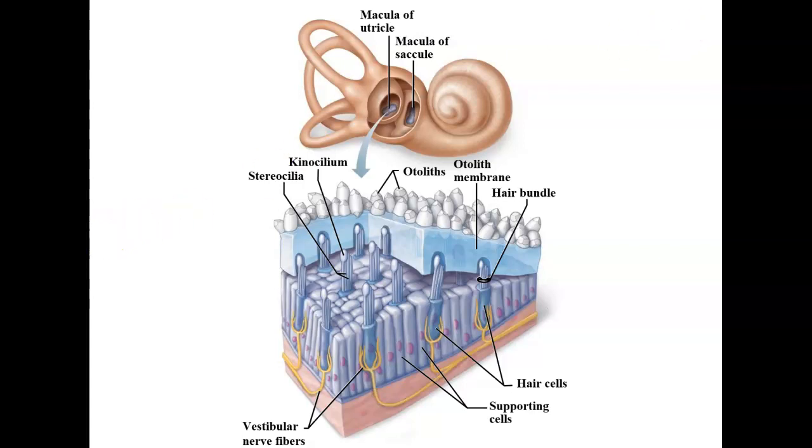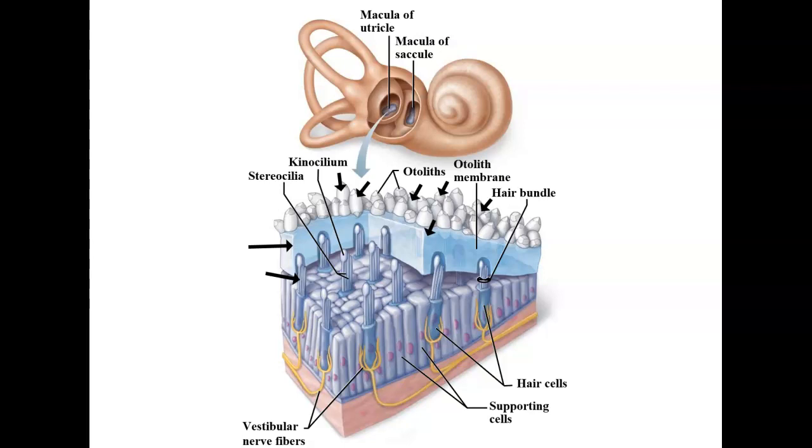So if you look at the structure in a little bit more detail, these little hair cells are embedded in a gelatinous material that has all of these otoliths, which are little ear rocks, I guess you could say. These are little rocks that are made out of calcium carbonate. And when gravity pulls these structures, when you have a tilt of the head, these otoliths that are embedded in the gelatinous material are going to move.